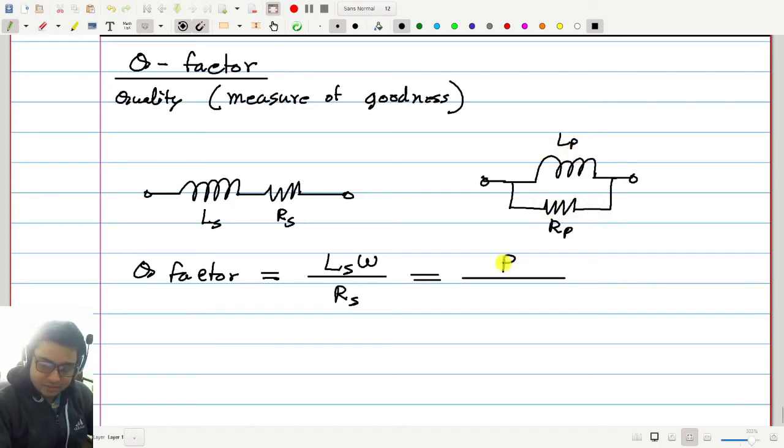So Ls omega by Rs will be equal to Rp by Lp omega. Right. Absolutely, Rp by Lp omega. And this you should check by actually writing Ls and Rs in terms of Lp and Rp, then you put that in this equation and check whether you get the same thing or not. Okay, that is your homework. But just by looking at the circuit and from the intuition, we can say this.